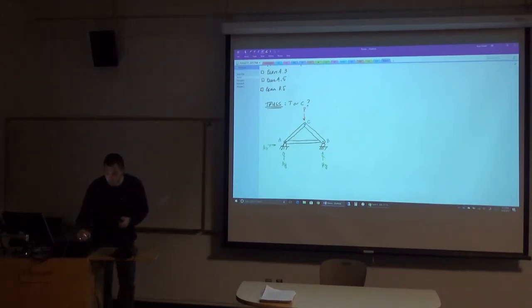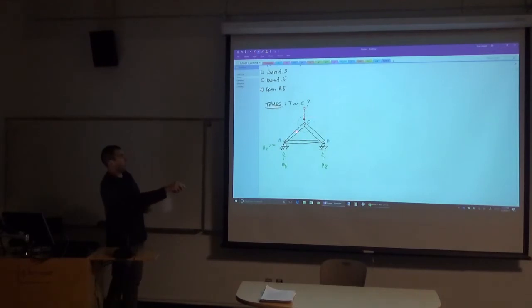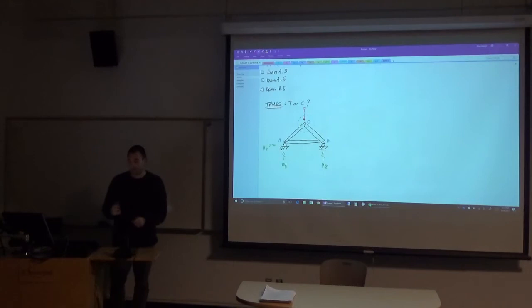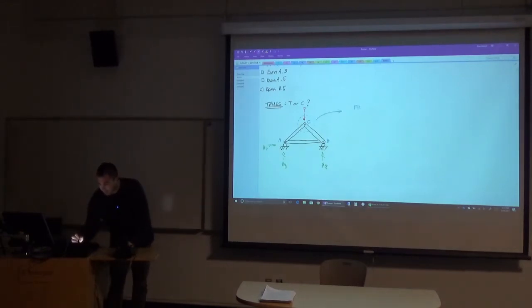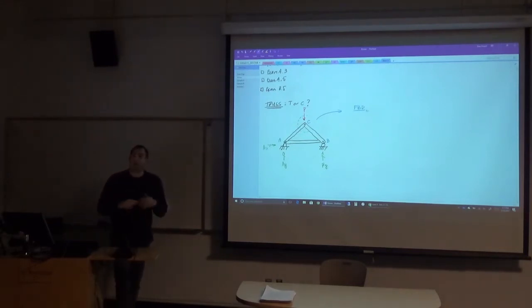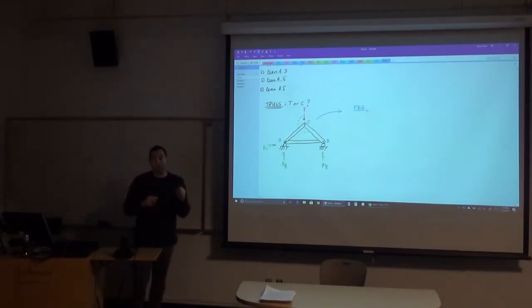And so method of joints would be the procedure of, let's go ahead and only focus on joint C. So it's like I make a section cut just around that single joint. That's why we call it the method of joints. And from that, I can do a free body diagram of just point C. And this is like a particle equilibrium free body diagram.